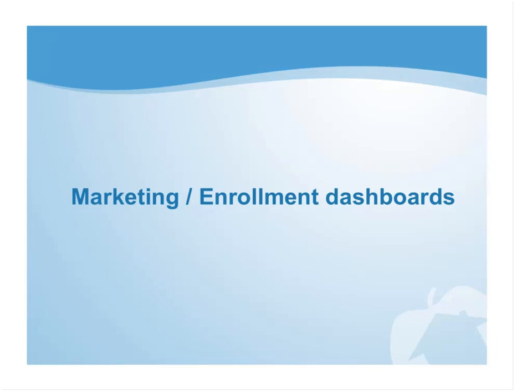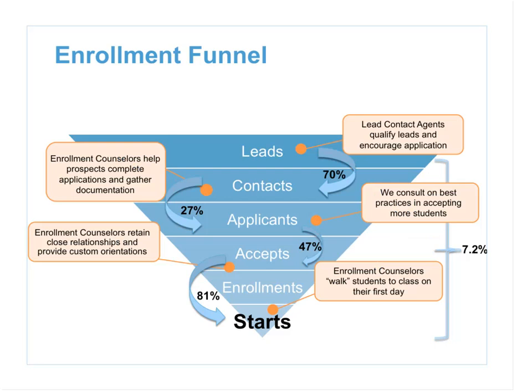Great. Before we jump into some of the dashboards, I wanted to give you a look at how we look at the enrollment funnel. My colleague Jim Dunn created this chart and can give an entire webinar with this one slide, but I think it gives good context for the next few slides. The way I look at this is that there are three active conversion rates: lead to contact rate, contact to application rate, application to acceptance rate, and acceptance to start rate.